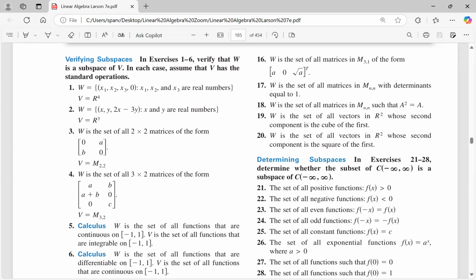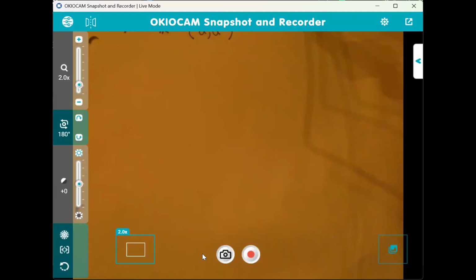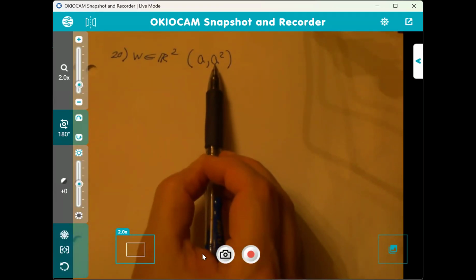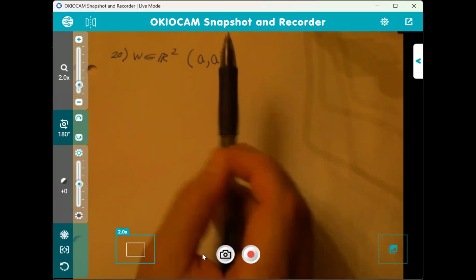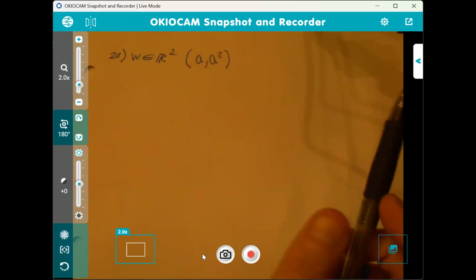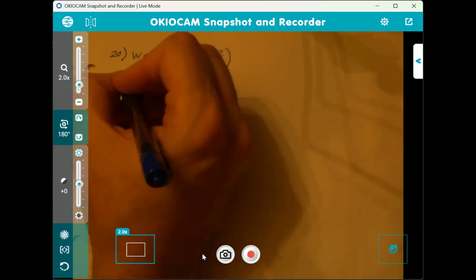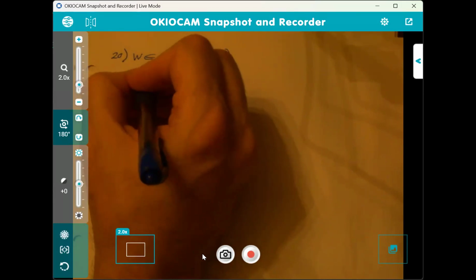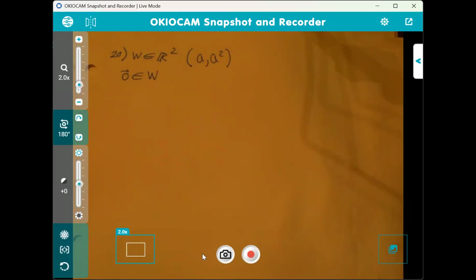Okay, let's switch and let's check this one out. Again, the second component is the square of the first. So these are the set of vectors that he has selected. So let's see if this is closed under, first of all, 0. Is 0 in there or not?